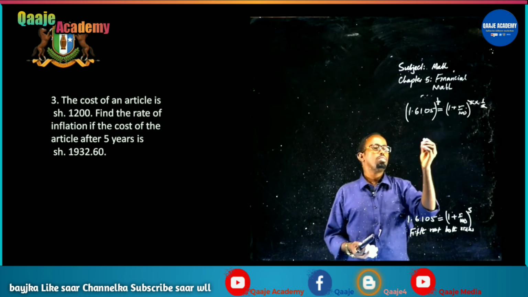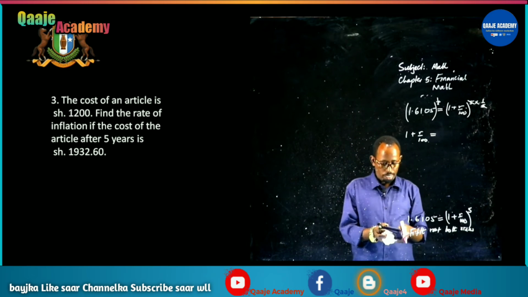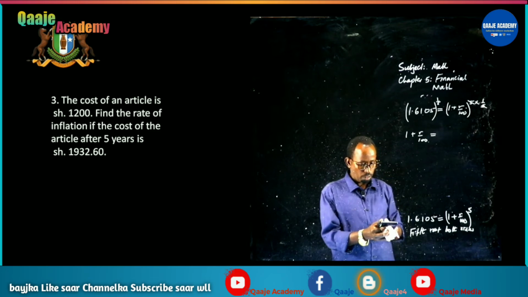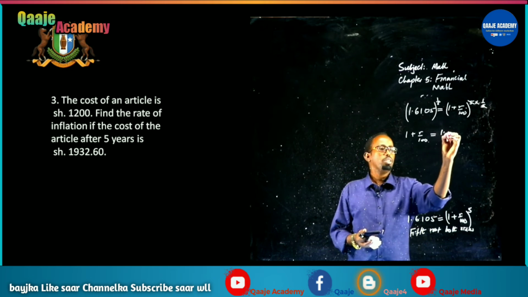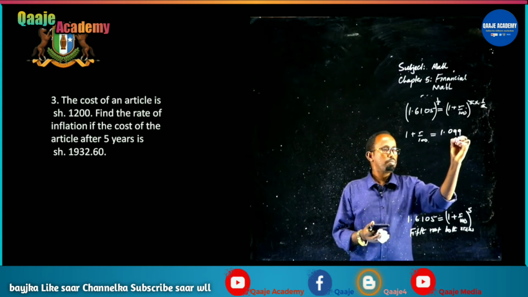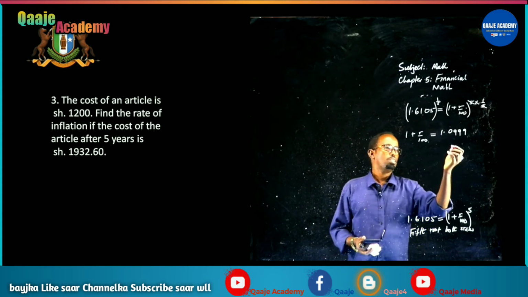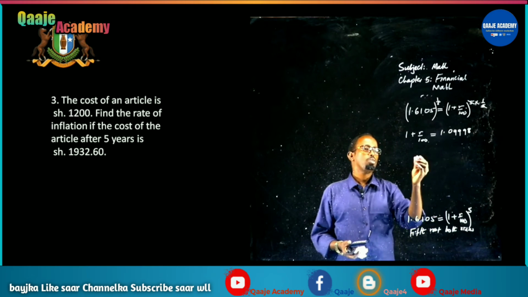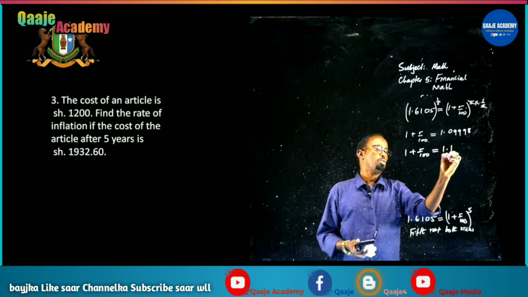So these two cancel out. 1 plus R over 100 is equal to, the fifth root of that number will be 1.6105 to the power 0.2, I get 0.9998. Approximate is 1.1. So this will be 1 plus R over 100 is equal to 1.1.